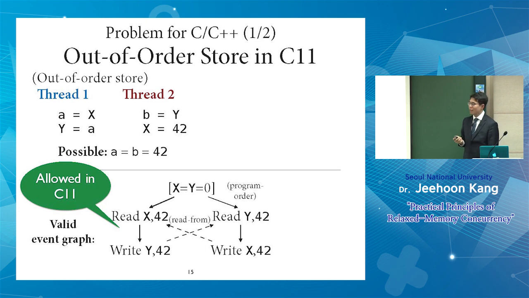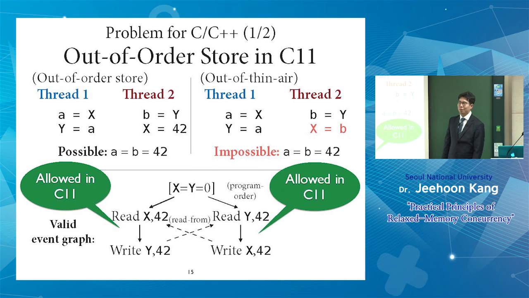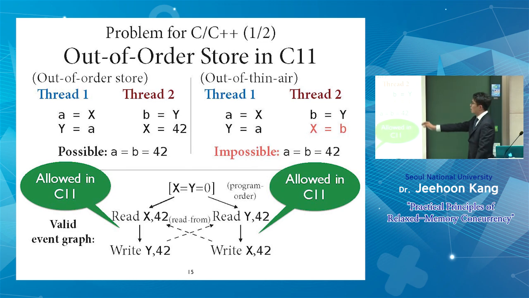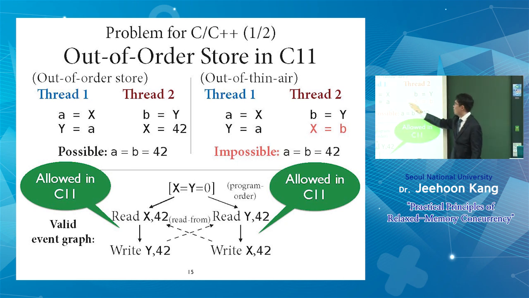But the problem is that the same graph is used to justify a very strange behavior, which is called the out-of-thin-air behavior. In this example, the value of x is copied to y, and in thread 2, the value of y is copied to x. You can see that the only difference between these two examples is this instruction. This is, in fact, impossible in reality because they are just copying the memory locations to each other.